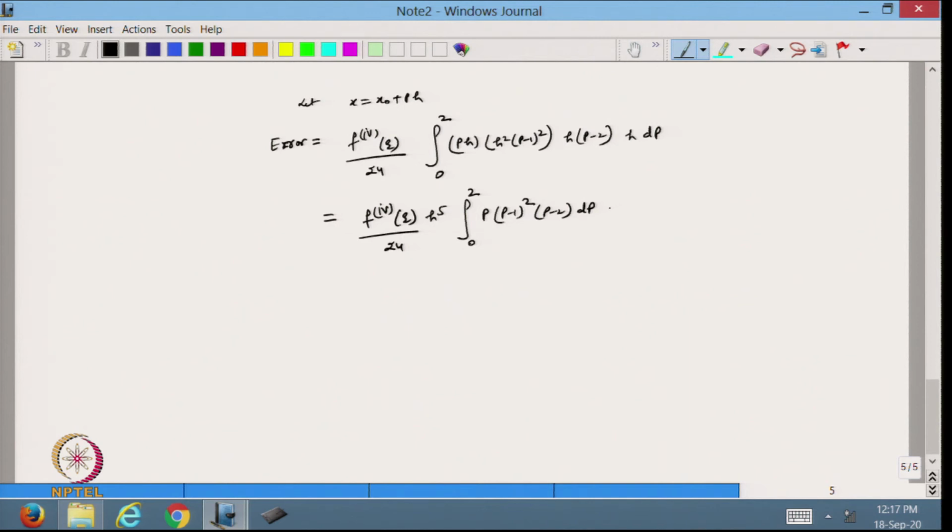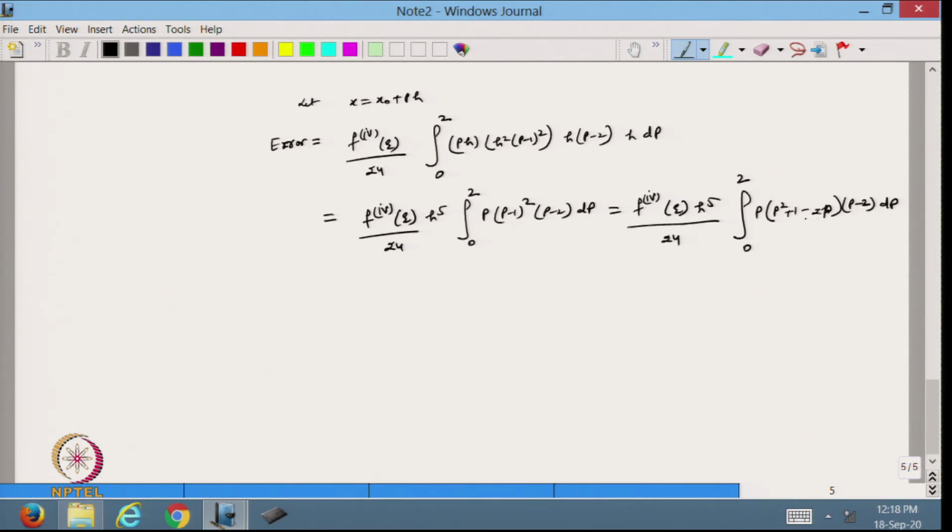Now, if you further solve this one, I am getting the integral from 0 to 2 of p into (p square plus 1 minus 2p) into (p minus 2) dp, and this will be p square minus 2p.